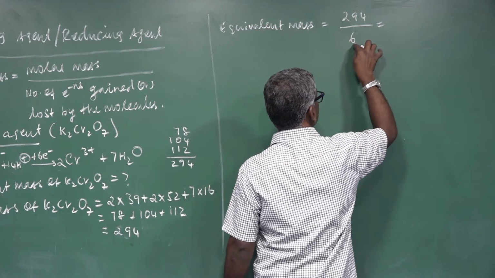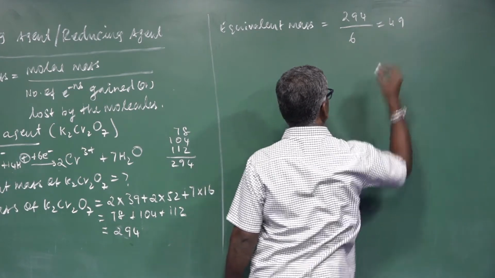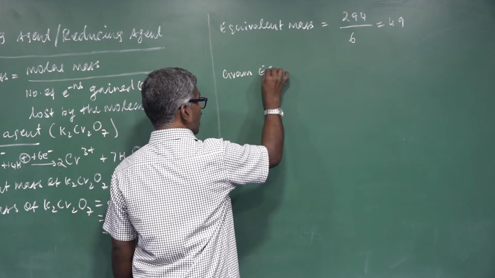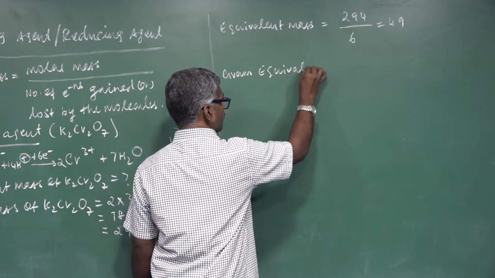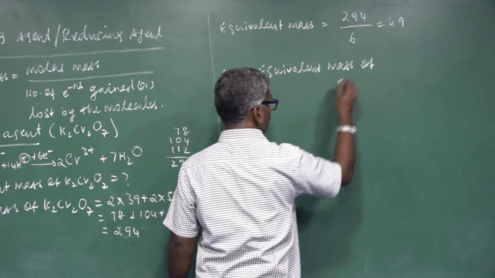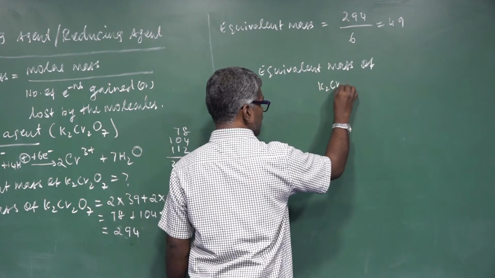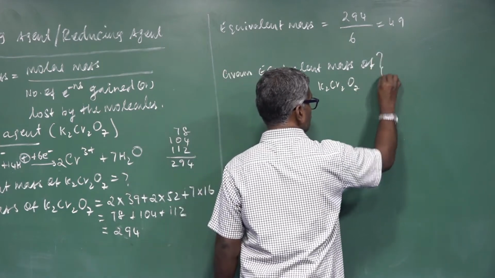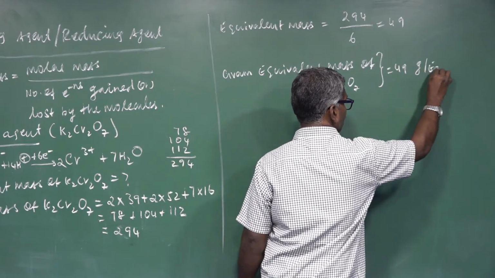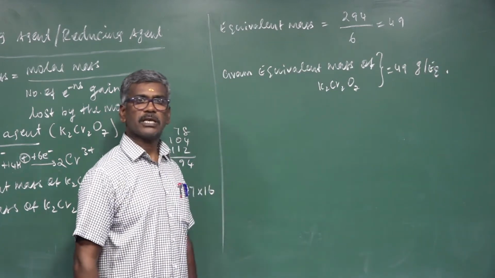This would be equal to 49. So gram equivalent mass of K2Cr2O7 is 49 gram per equivalent. Another one, reducing agent.